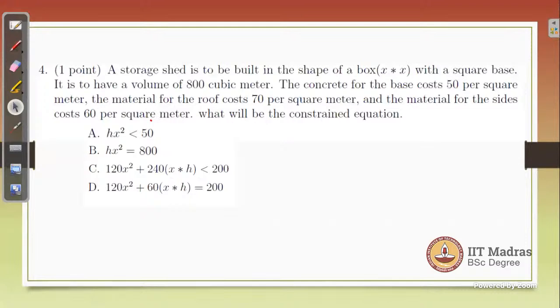Okay. So yeah, this question. A storage shed is to be built in the shape of a box x cross x with a square base. It is to have a volume of 800 cubic meters. The concrete for the base costs 50 per square meter, the material for the roof costs 70 per square meter, and the material for the sides costs 60 per square meter. What will be your constraint equation? Okay. Yeah, take your time, no issues.